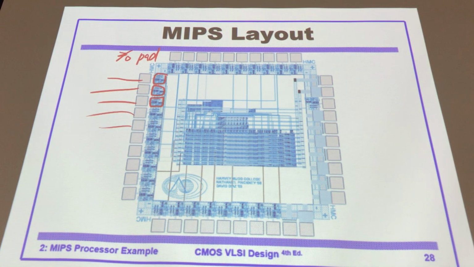An I/O pad is a circuit that can drive the wire to the outside. Because inside the chip, the wire is very narrow, very thin. But on the outside, on the circuit board, the wire is very big, large, and long distance, right? You need to have very strong driving capability to drive the signal.